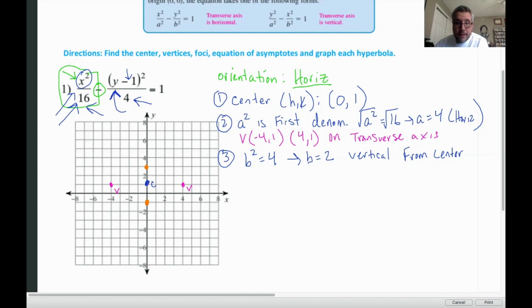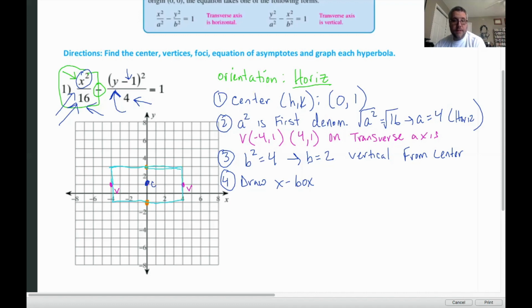which is going to help lead us into step 4. Step 4 is what I call drawing an X box. It's not as fun as the video game system, but it gets the job done here. So to draw this X box, what you're going to do is you're going to take the endpoints of this conjugate axis, and you're going to box in all the way to the vertices and across and up and over.